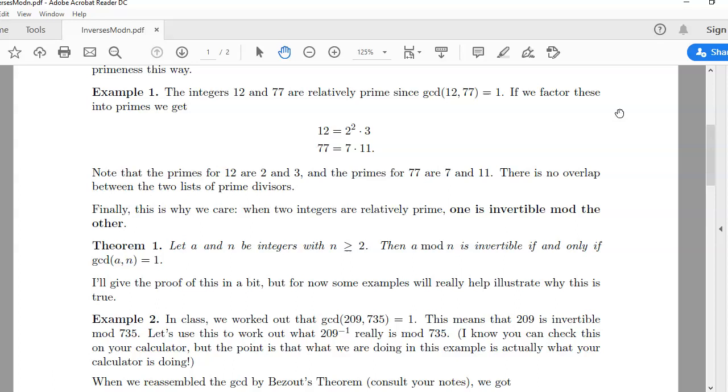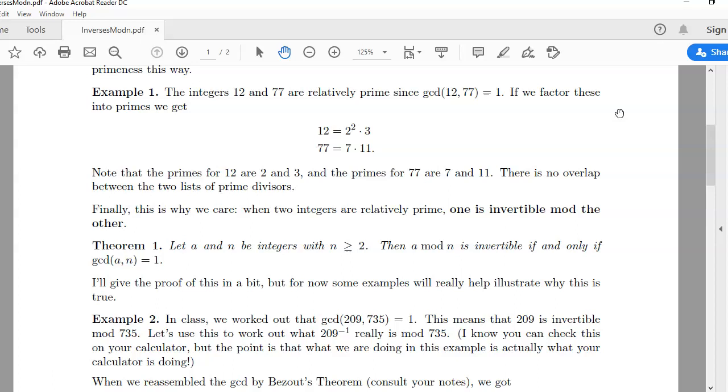So here's the real reason why we care. This is the content of Theorem 1 on your screen. When two integers are relatively prime, like 12 and 77, then one of them is always invertible mod the other. So for instance, 12 has to be invertible mod 77 because they were known to be relatively prime.